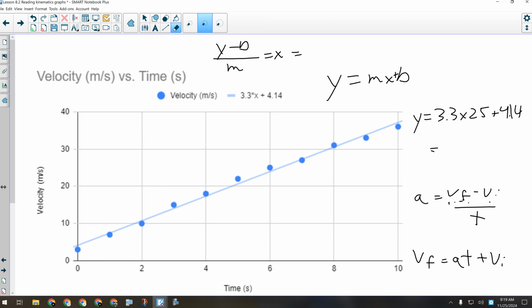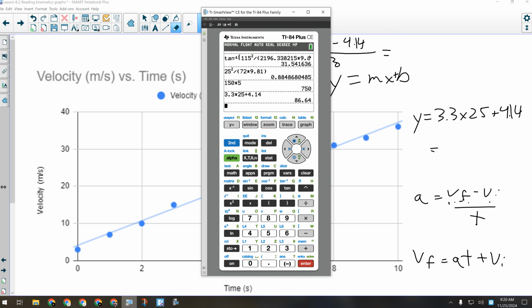We said 150 meters per second, minus 4.14, divided by 3.3. So that should take 44.2 seconds.